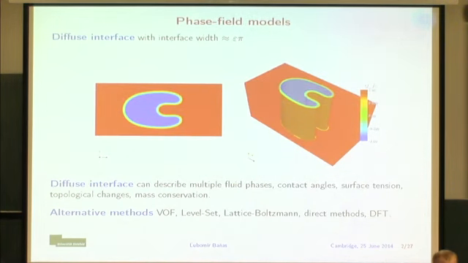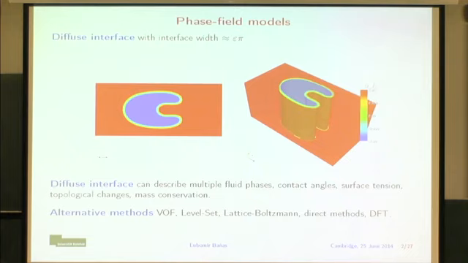The idea behind the phase field model is as usual. We have two fluids separated by a sharp interface, which is replaced by a diffuse interface with a width that is controlled by a model parameter epsilon. These diffuse interface approaches have a number of advantages which are good when one wants to model multiphase fluid flows.